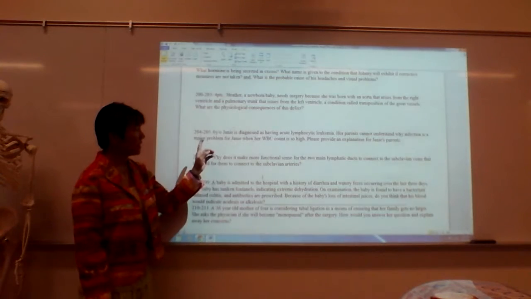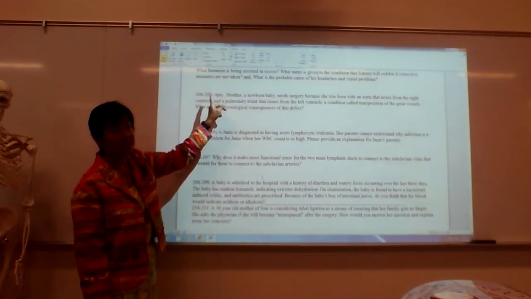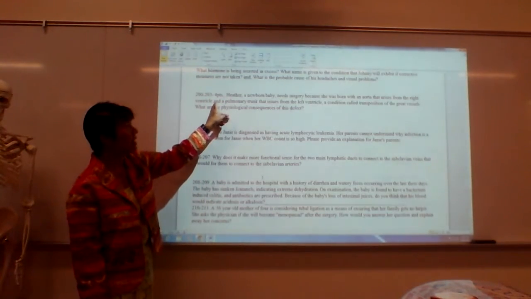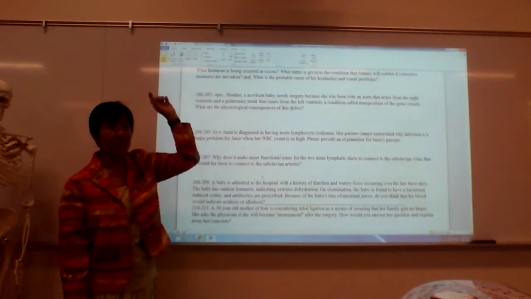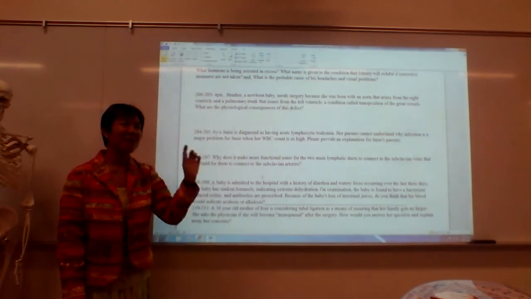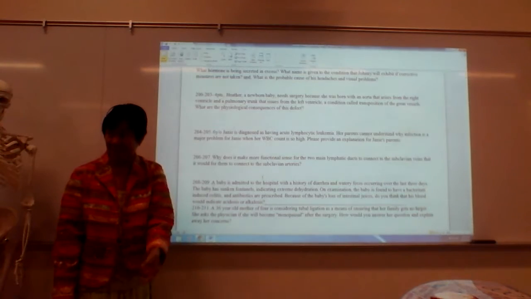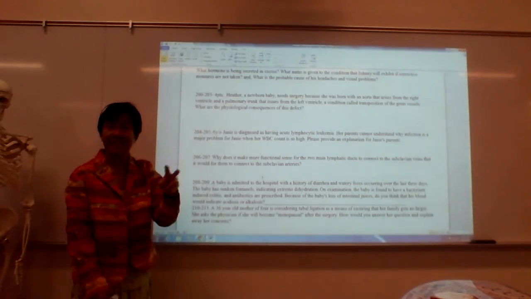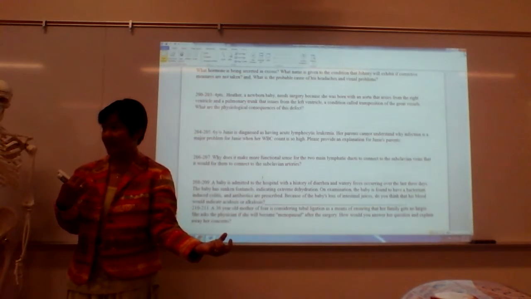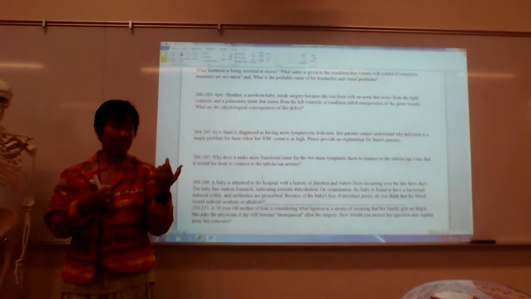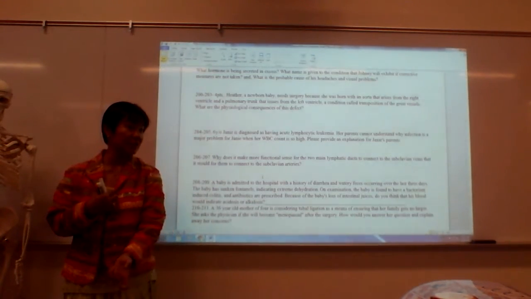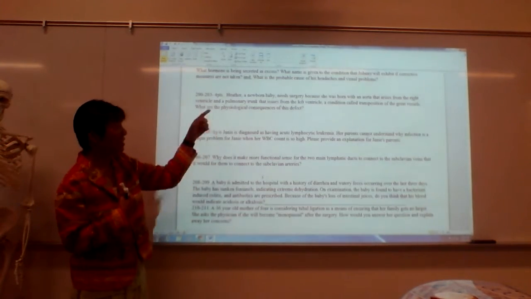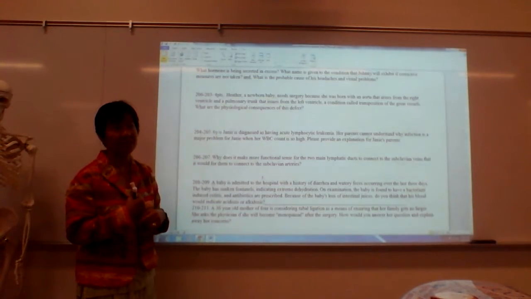Look at this one. The dangerous consequence, this is an immediate surgery, because the artery is supposed to pump oxygenated blood to the rest of the body, the aorta. In transposition, the direction is still the same. So the aorta is pumping the deoxygenated blood to the rest of the body, and the pulmonary trunk is pumping oxygenated blood to the lungs.